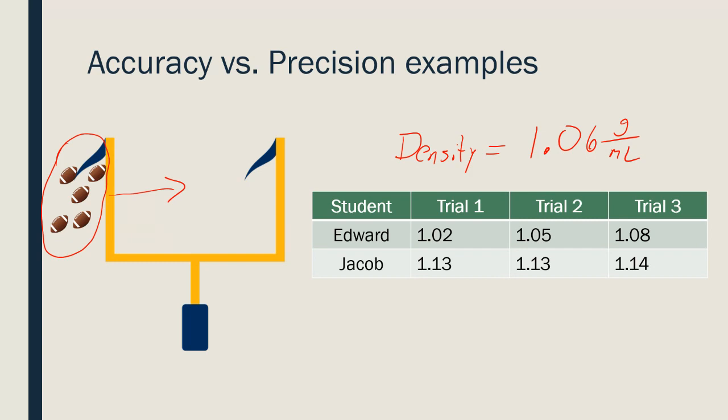Hopefully, you can see that Jacob gets pretty much the same thing every time, but Edward is closer when you take an average, certainly more accurate than Jacob is, but Jacob is more precise. So, we would call Jacob precise, and we would say Edward was more accurate. All right, so that's that.